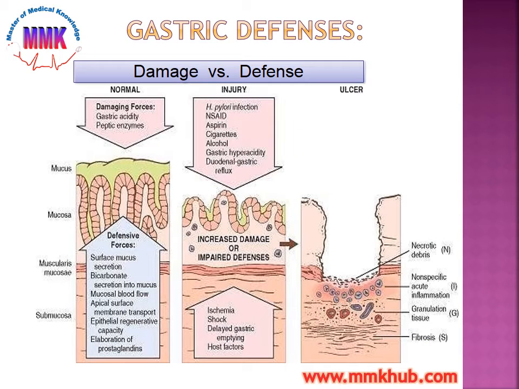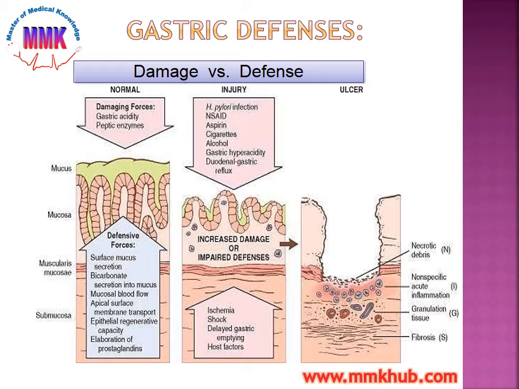In this diagram, you can appreciate different defense mechanisms and their effect on prevention of the damage by the damaging forces. In normal circumstances, damaging forces like the gastric acidity and peptic enzyme effect is balanced by the defensive forces.